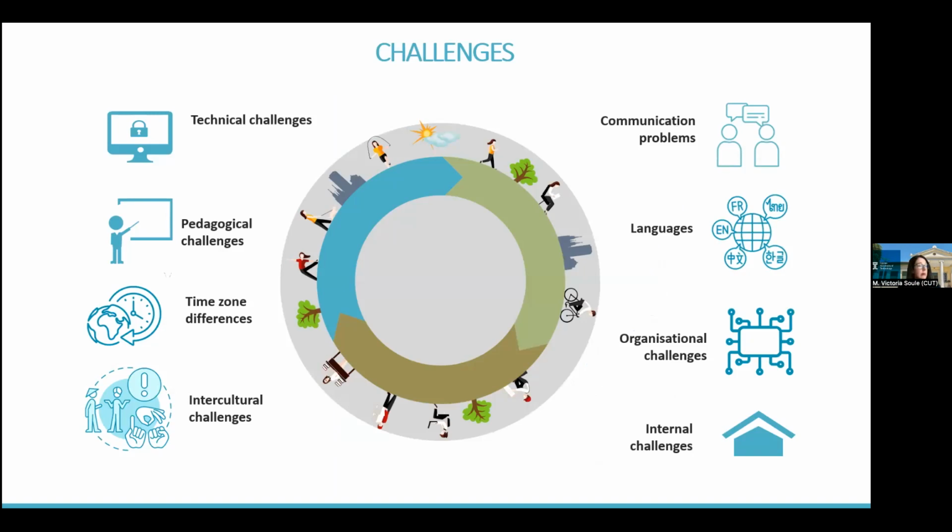So first, there are the technical challenges. This could be the case of, for example, low experience or unfamiliarity of students with certain tools. Then you can have the pedagogical challenges that are related, for example, with different syllabi, if it's a joint project, or the assessment process as well.